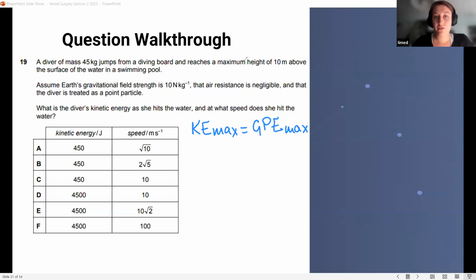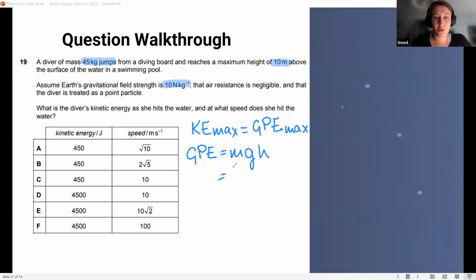So I've got the gravitational field strength, g. We've been told air resistance is negligible, so we don't have to worry about that. I've got a mass and I've also got a height. So I can use gravitational potential energy equals mass times g times height.